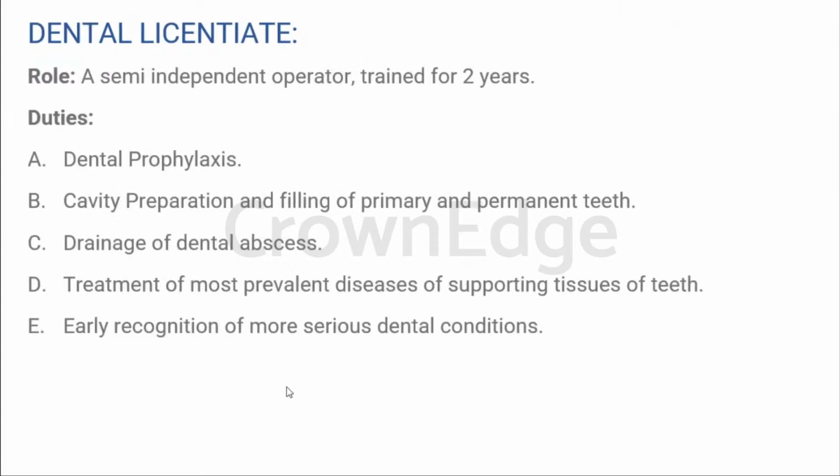The newer auxiliary types are your dental licentiate and your dental aid. These were given by the expert committee on auxiliary dental personnel. Who is a dental licentiate? He's a semi-independent operator, usually trained for 2 years. So what is he allowed to do? Perform dental prophylaxis, cavity preparation along with filling of primary and permanent teeth, drainage of dental abscess, treatment of various prevalent diseases of supporting tissues of teeth, and early recognition of serious conditions.